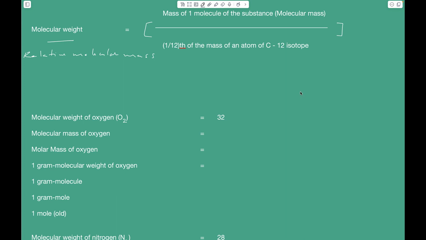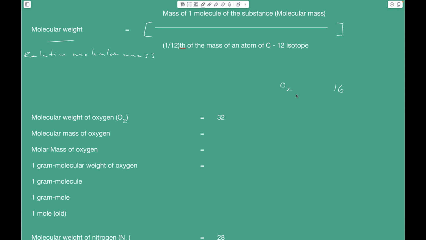Now let us take the case of oxygen. Under normal conditions, oxygen is composed of oxygen molecules, and in each oxygen molecule there are 2 oxygen atoms, so its atomicity is 2. And you know the experimentally measured atomic weight of oxygen is approximately 16.